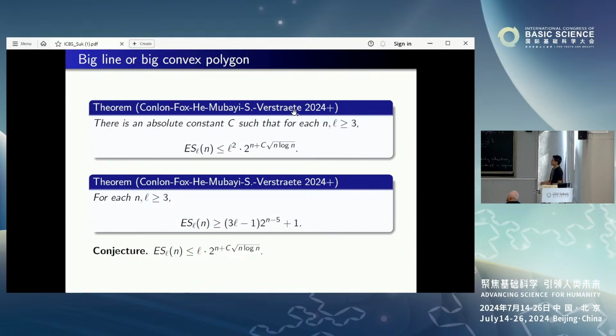But unfortunately, how to get rid of this L squared factor.